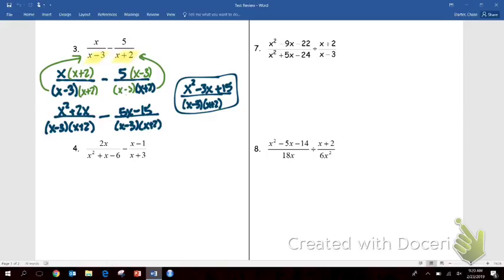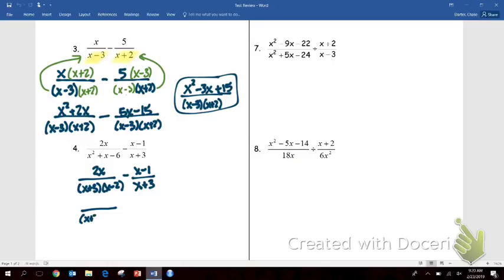So number 4, in order to identify my common denominator, I have to factor the quadratic because I have to know what its factors are. So it's x plus 3, x minus 2, minus x minus 1, x plus 3. So the first fraction has an x plus 3 and an x minus 2.